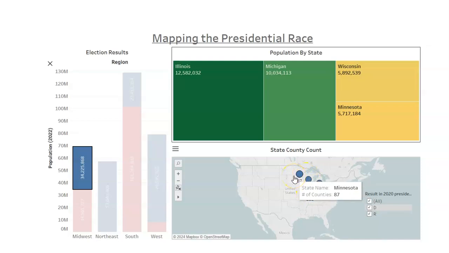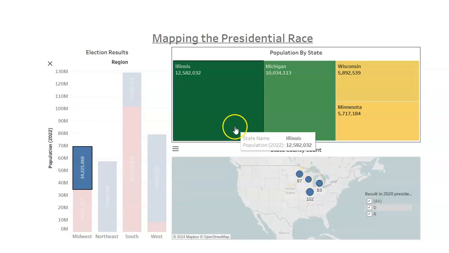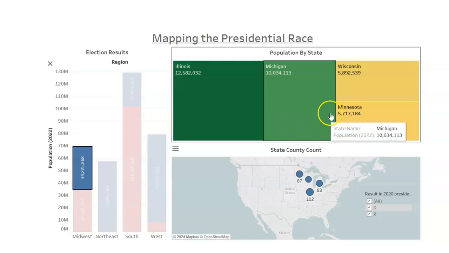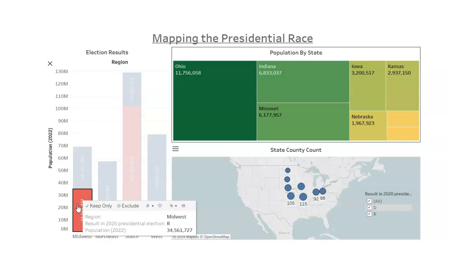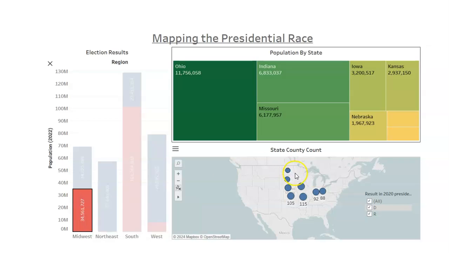Now, the Midwest is a very, very competitive ground for both Democrats and Republicans. So I would personally recommend Republicans allocate more resources towards Illinois, Michigan, Wisconsin, Minnesota, and then also for Democrats, I would recommend the latter, especially when the votes are so close.